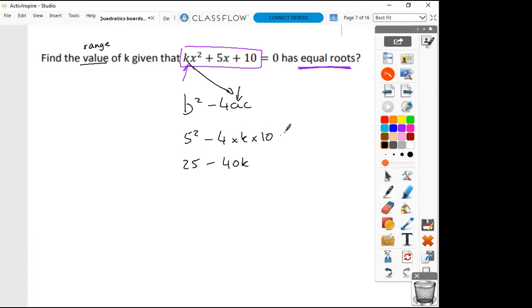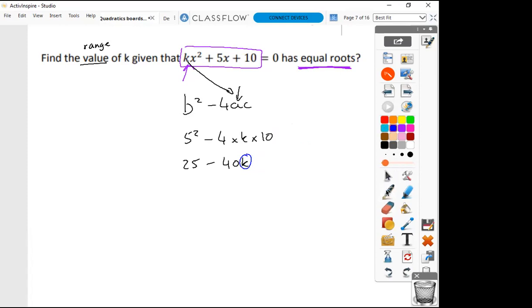Then we're going to have to change the sides of these numbers. So I want to leave K on its own. Sorry, I put the wrong symbol in there.